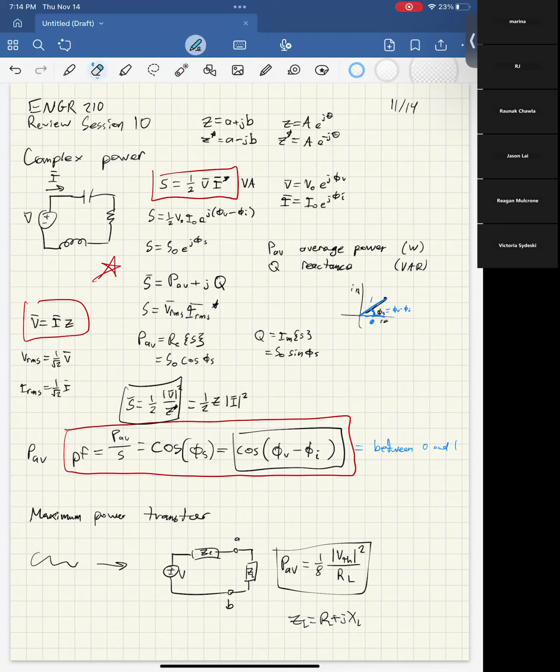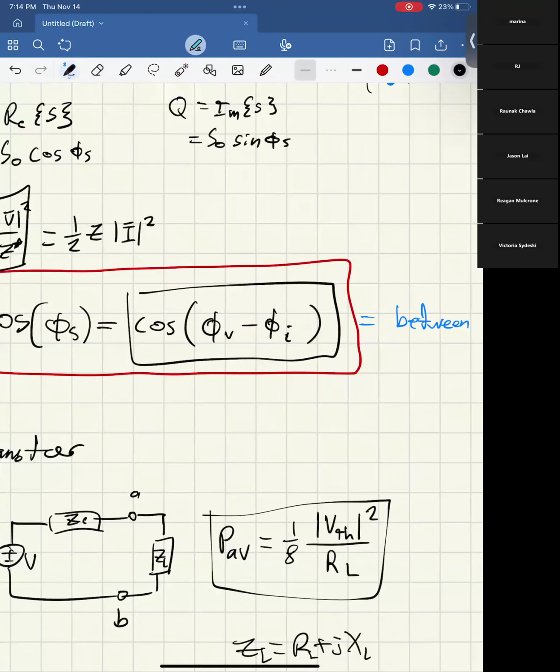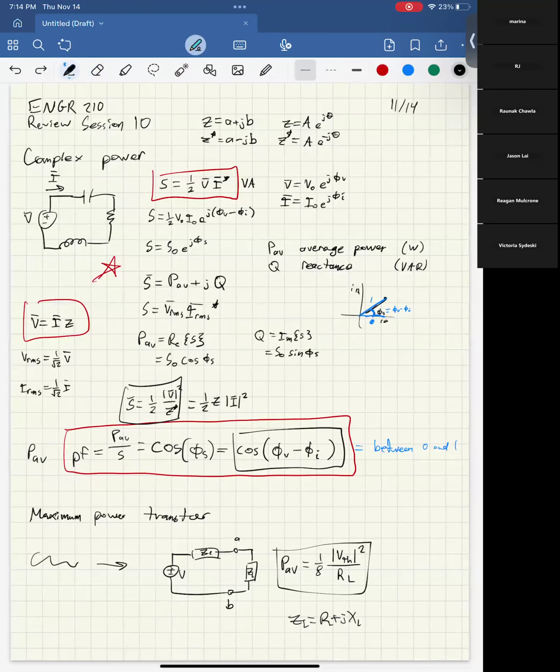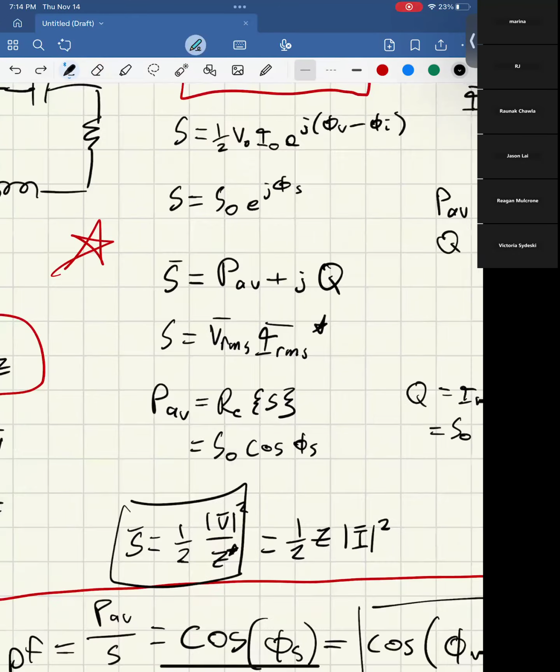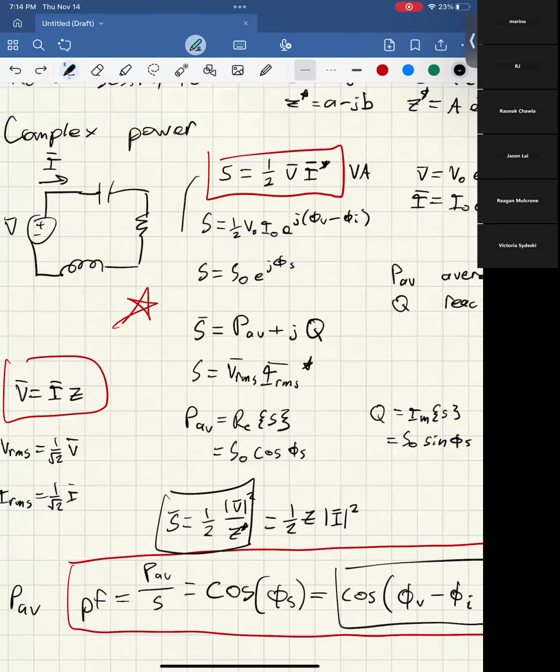This part doesn't matter. Because what you find is, when you're looking at the P average, you only care about the RL. But yeah, just ignore that. You do have a Z star in this equation though. That's important. That comes from, if you're going from here to here, then the I star kind of moves to the Z star. You still have the conjugate.